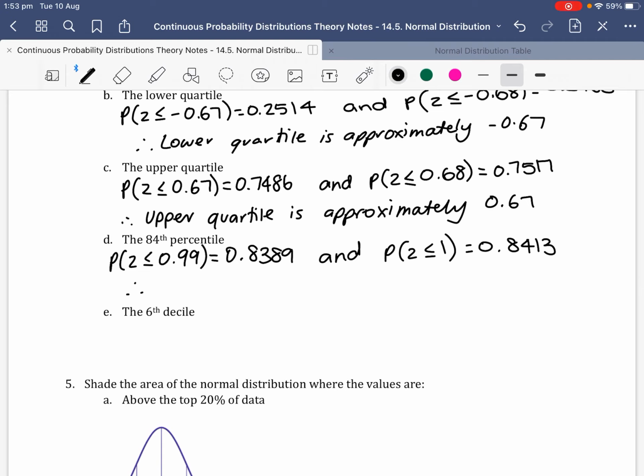So for the 84th percentile, it is approximately 0.99. Then the 6th decile is our last one, and it separates the bottom 0.6 of the data.